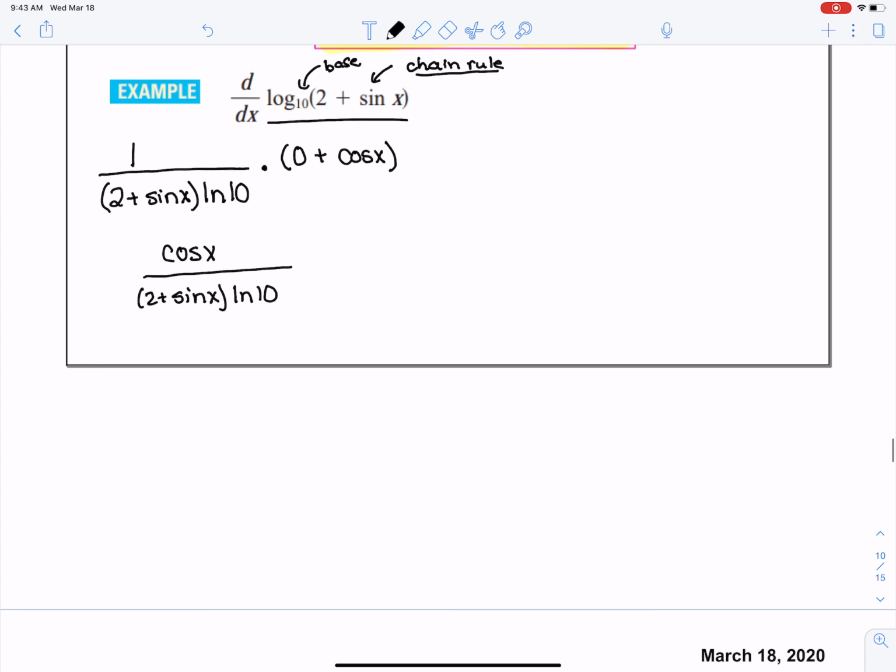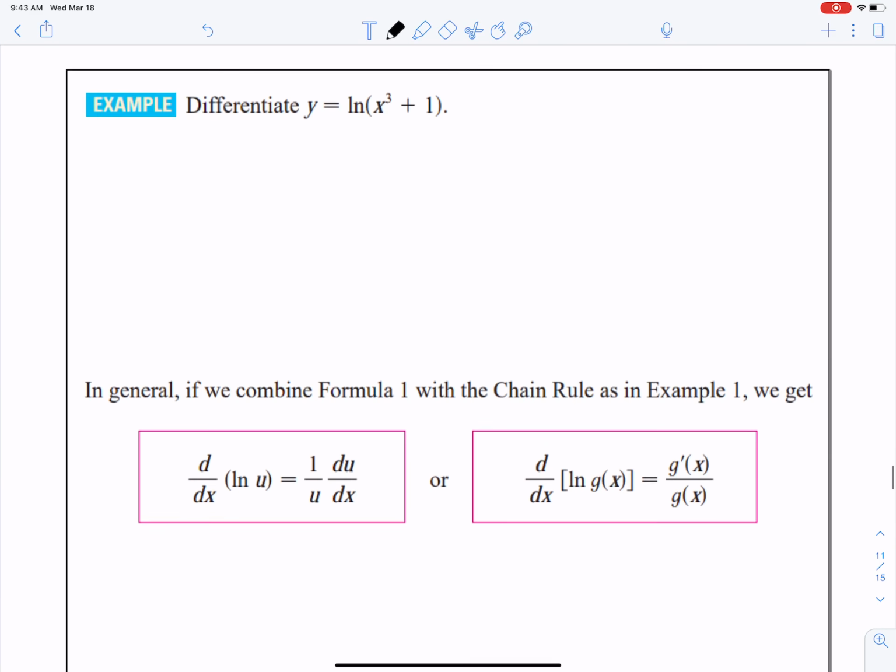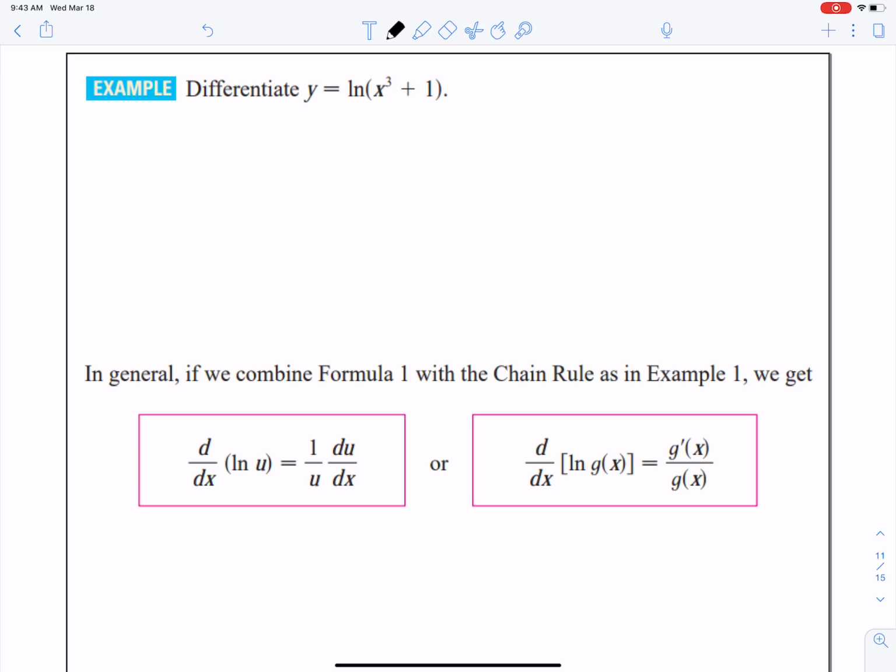Okay, let's keep going. How do we differentiate ln of some argument? Again, this argument is not just x, so we need to do chain rule when we get to that part of it. So remember that the derivative of ln of x is just 1 over x, and then obviously the chain rule needs to get implied.